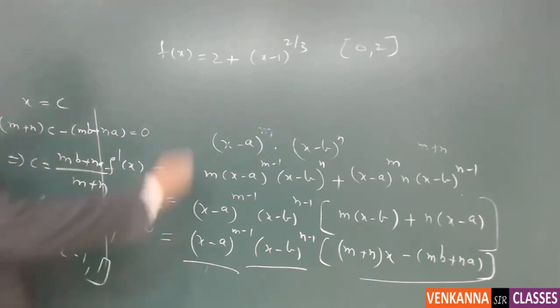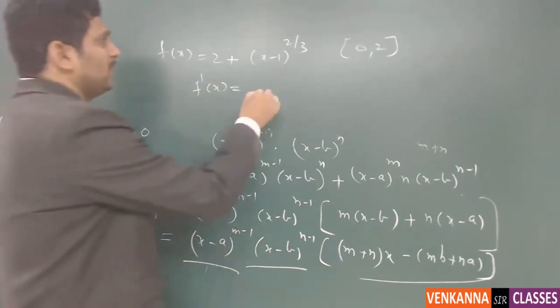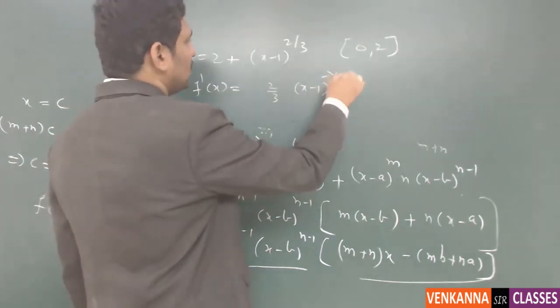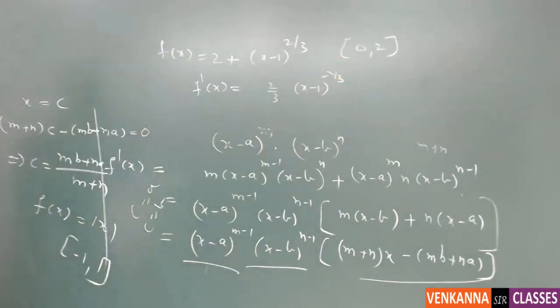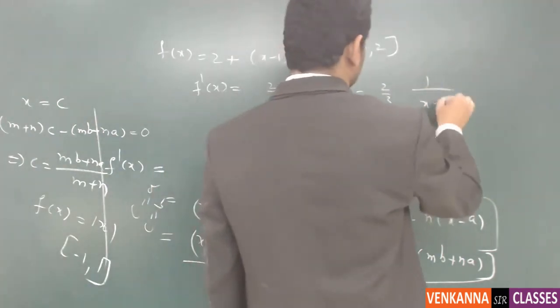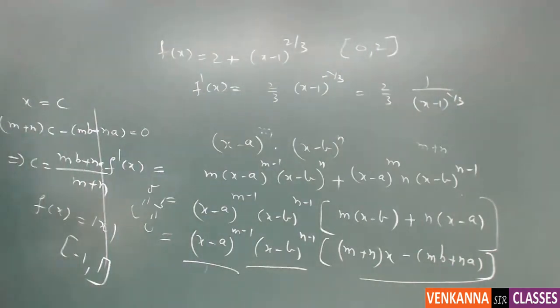Why? Because if you consider f dash of x, the derivative, it will be 2 by 3 into x minus 1 whole power minus 1 by 3. Is that right? The value?